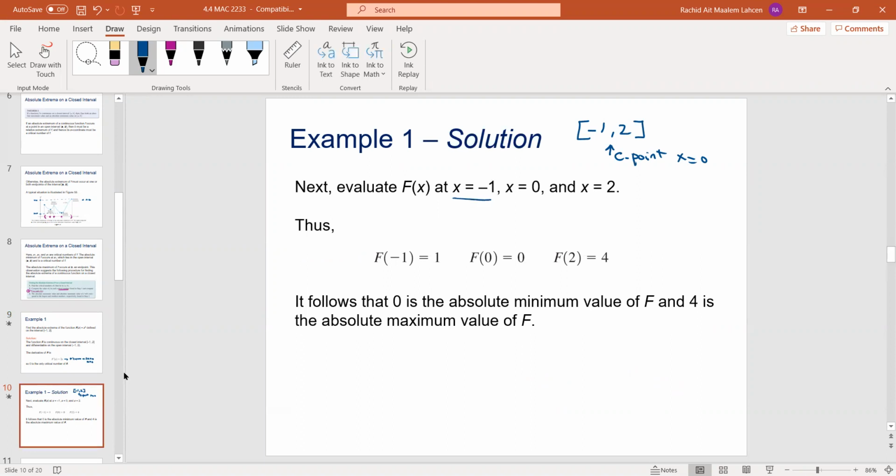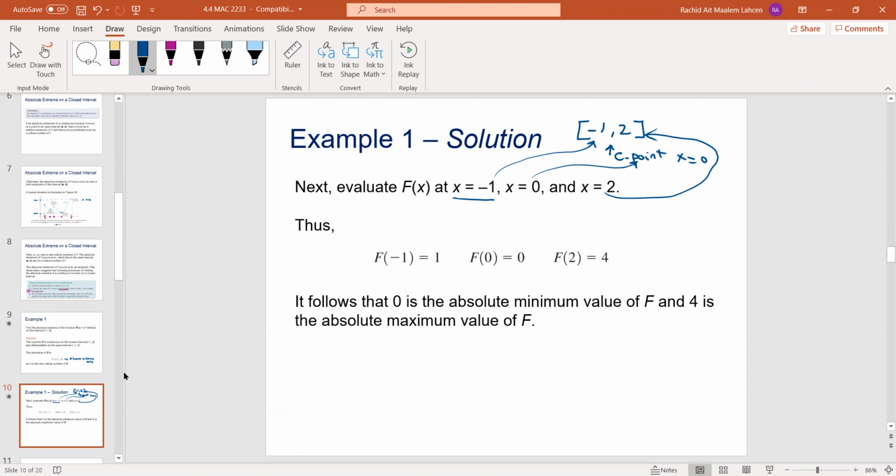So at x equals -1, at x equals 0, and x equals 2, what happens? f of -1 is 1, f of 0 is 0, f of 2 is 4.